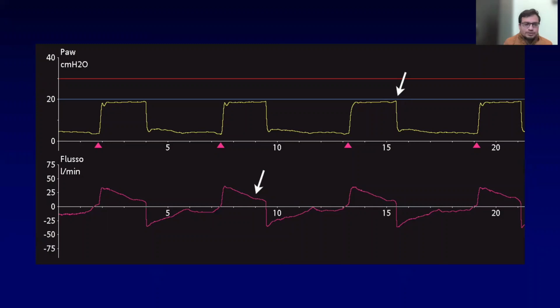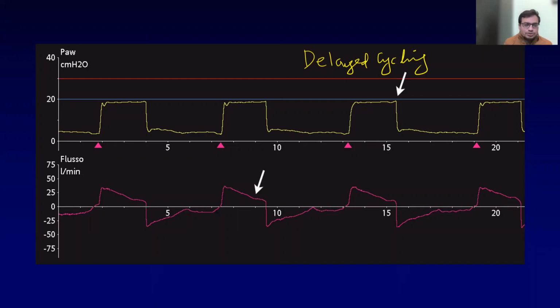This is a type of asynchrony, delayed cycling. So here in this example, delayed cycling is occurring because of increase in the TI. Delayed cycling occurs when there is a prolonged TI, which results in shortened expiration.